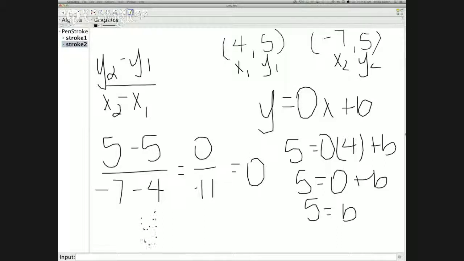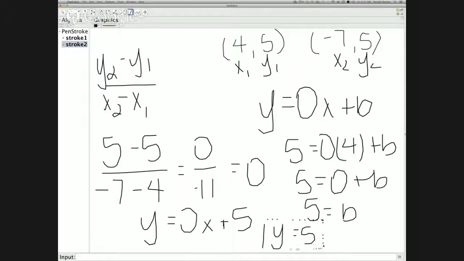And then I plug that back into my original equation. y equals 0x plus 5. And hopefully at this point you would recognize that 0x doesn't need to be there, because 0 times anything is 0. And you would be left with just y equals 5. Okay? Questions?